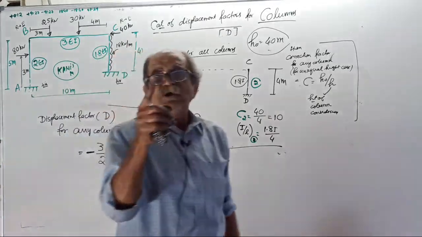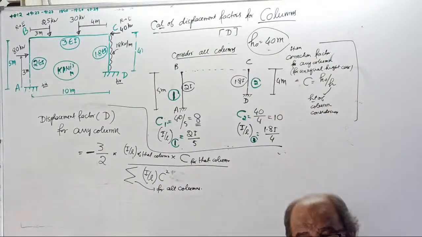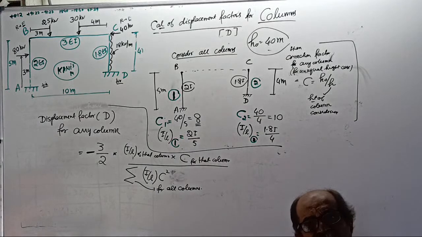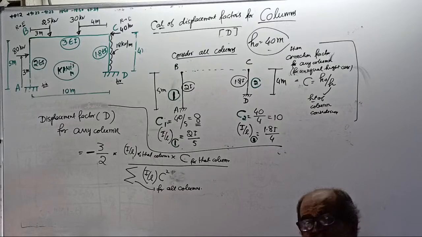See, the rotation factor, I tell now. Rotation factor for any member at a joint equals minus half into the relative stiffness of that member divided by the sum of relative stiffness of all the members at that joint.